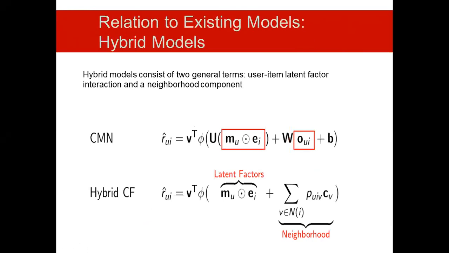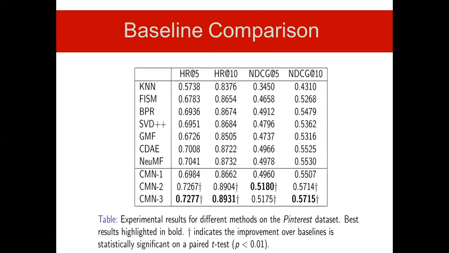So this work just gives you a unifying understanding of different models, and also the relationship between traditional collaborative filtering models and today's deep learning models. We have done many experiments, which have shown that this model achieved the state-of-the-art result on several data sets.